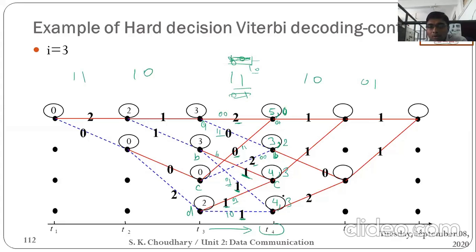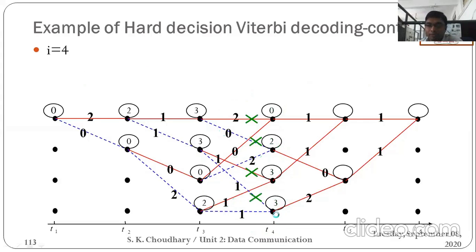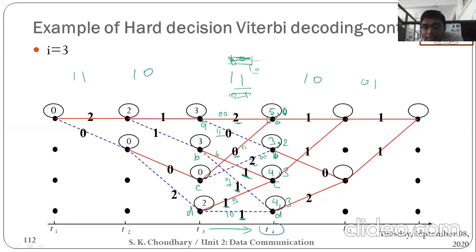Now you can see at time T4, every state has two metric values: 5 and 0, 3 and 2, 4 and 3, and 4 and 3. Whatever the lowest metric value is, that is the survivor path.